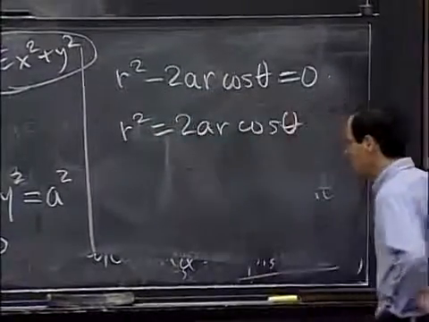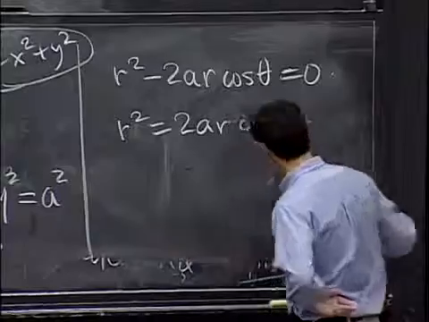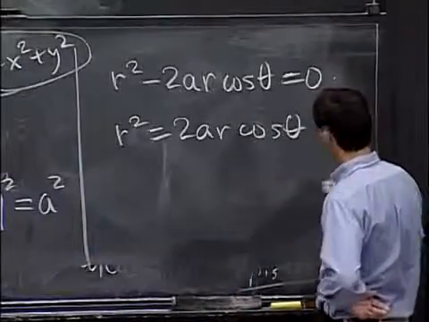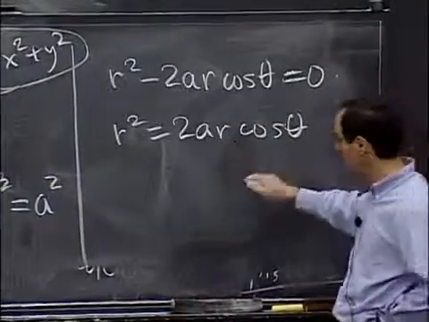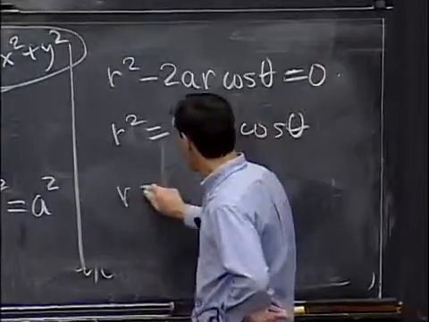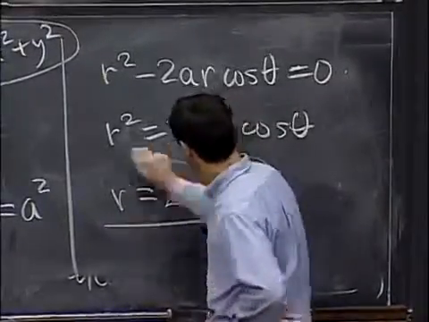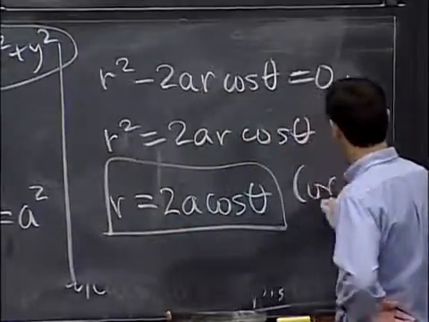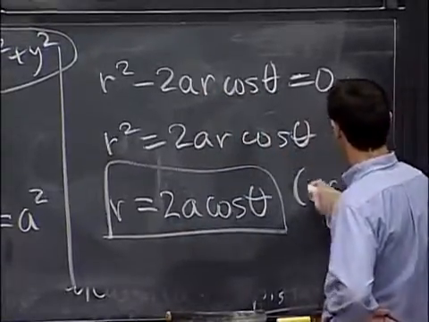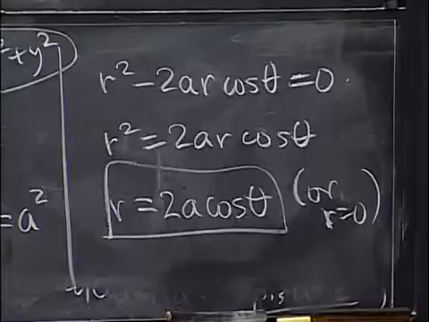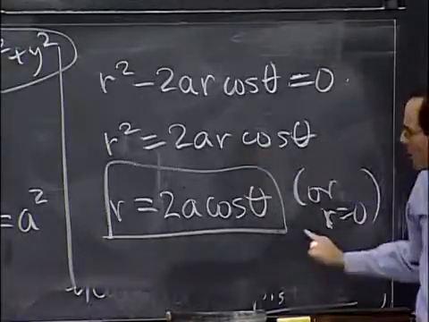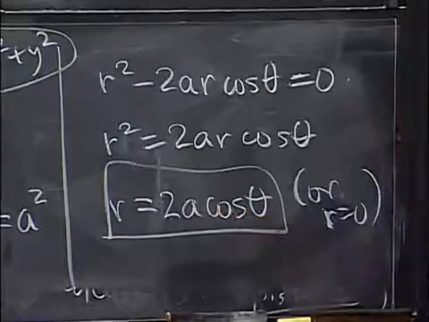And we're almost done. There's a boring part of this equation, which is r equals 0. And then there's, if I divide by r, the interesting part of the equation, which is r equals 2a cosine theta. So this is that, or r equals 0, which is already included in that equation anyway. All right, so I'm allowed to divide by r because the case r equals 0 is represented anyway.